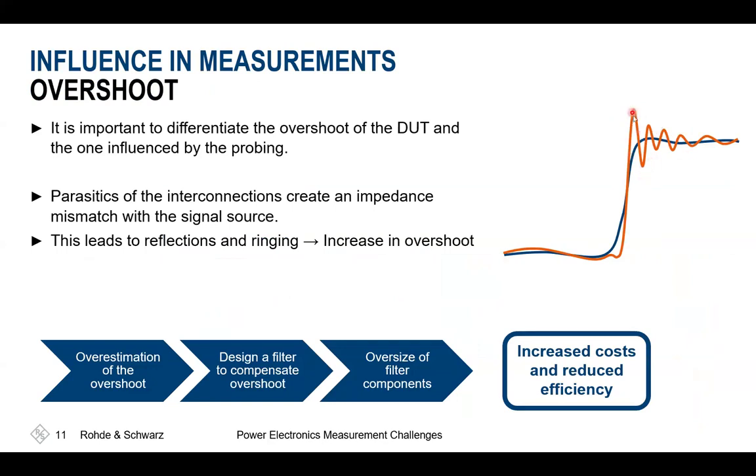So you'll have additional ringing, maybe also emphasis in the overshoot, just by adding up these different resonance circuits. So if you'd like to repeat measurements and especially also to compare measurements between each other, also between different days where you do the setup, please always ensure that you're having the same quality grade cables and accessories, and also state in your measurement reports which accessories have been used during the measurement campaign.